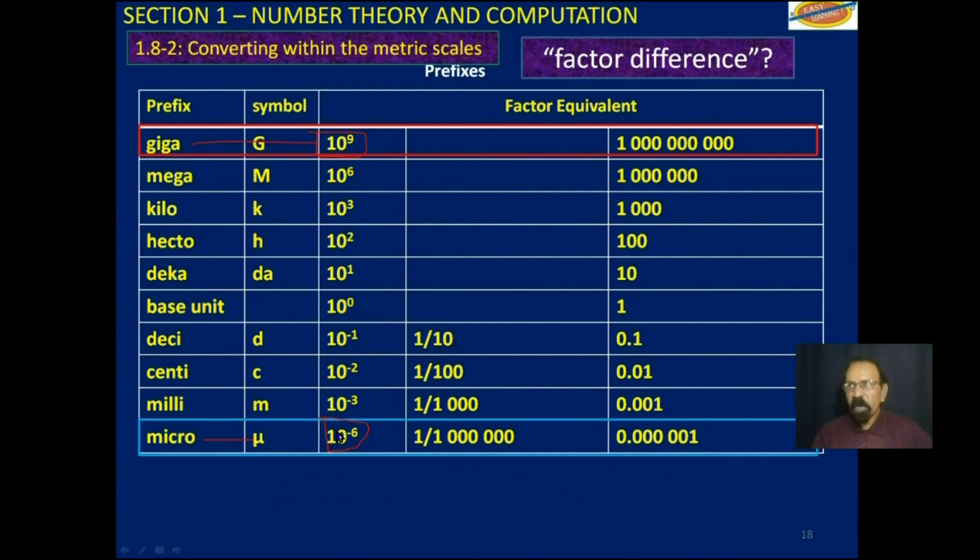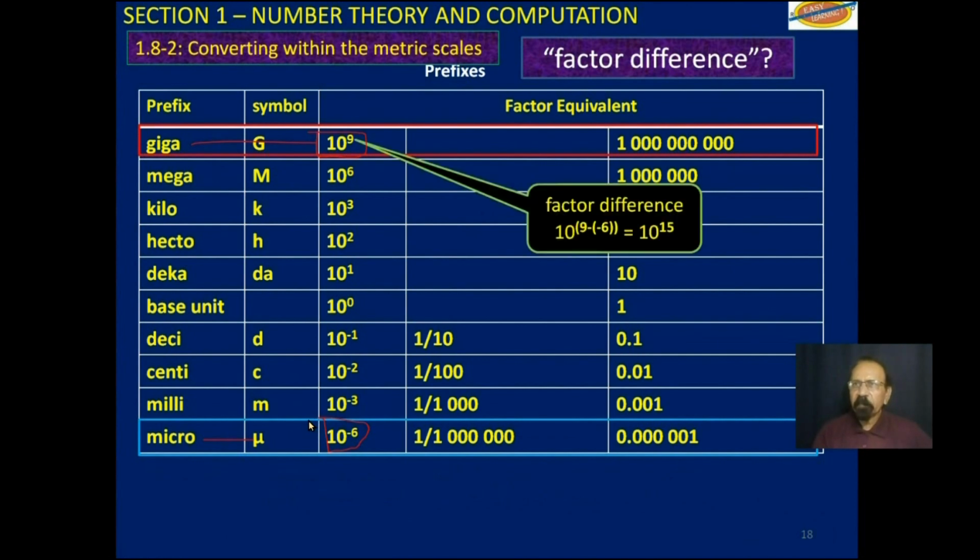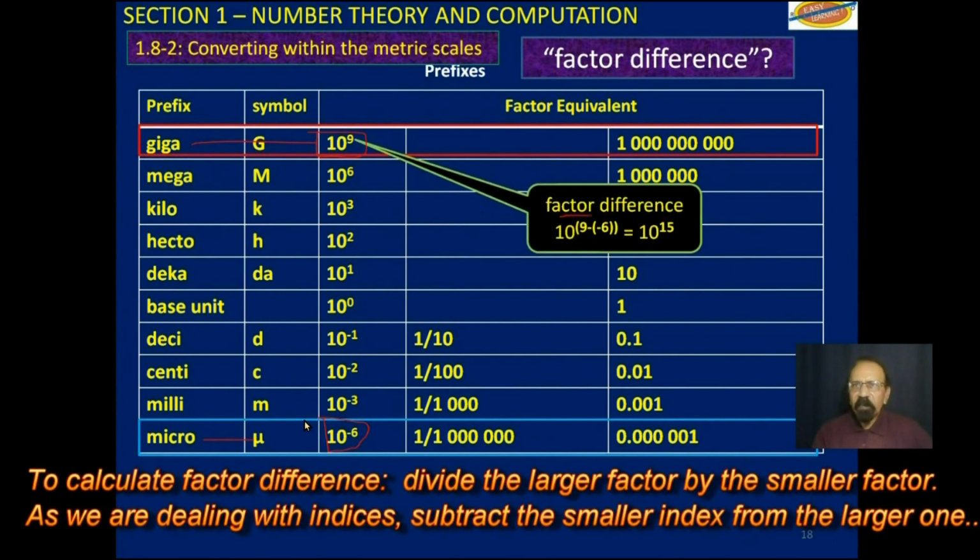We have microwatts and we want to carry it to gigawatts. So between these two, we have to determine what is the factor difference. Well, the factor difference is 10 to the 9th, which is this here, minus negative 6. Now, if you do that, 10 to the 9 minus negative 6, this here becomes positive, and it becomes 10 to the 15th power.